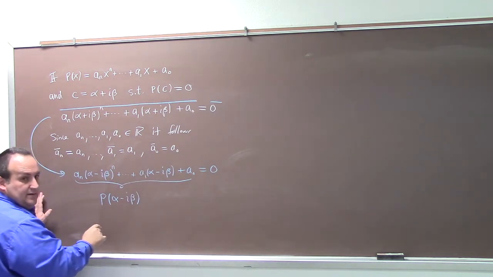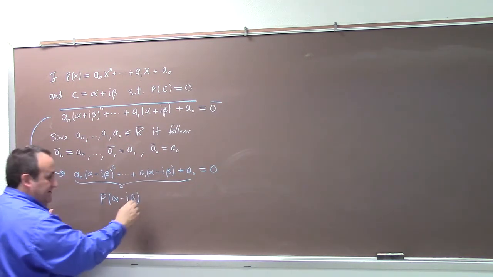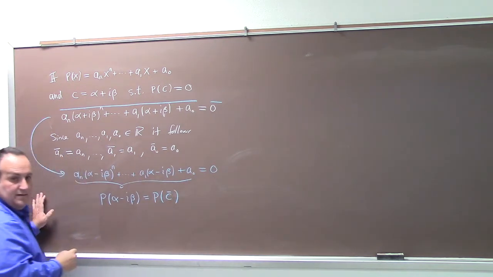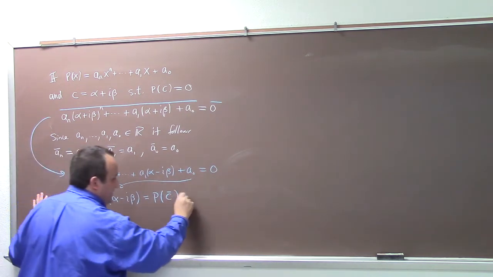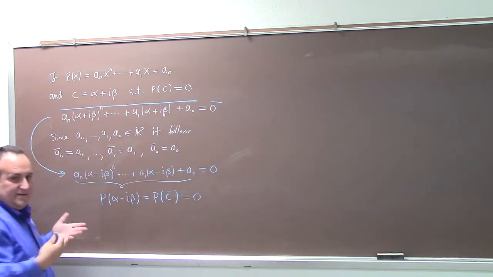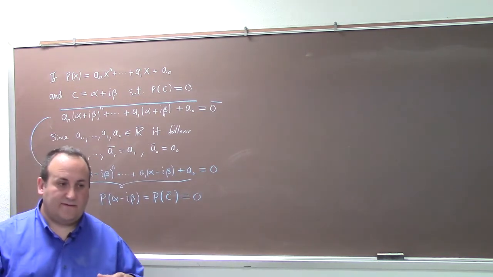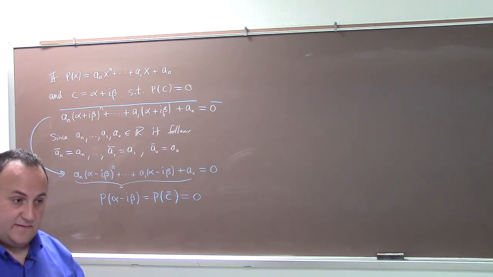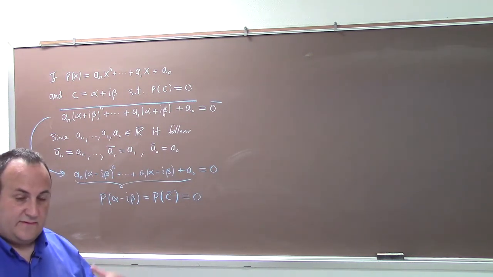That is by definition the complex conjugate of the root I started with, c bar, and so that's equal to 0. I claimed this last time without proof: if you have a real polynomial equation and a complex solution, they have to come in conjugate pairs. That follows from this calculation right here.